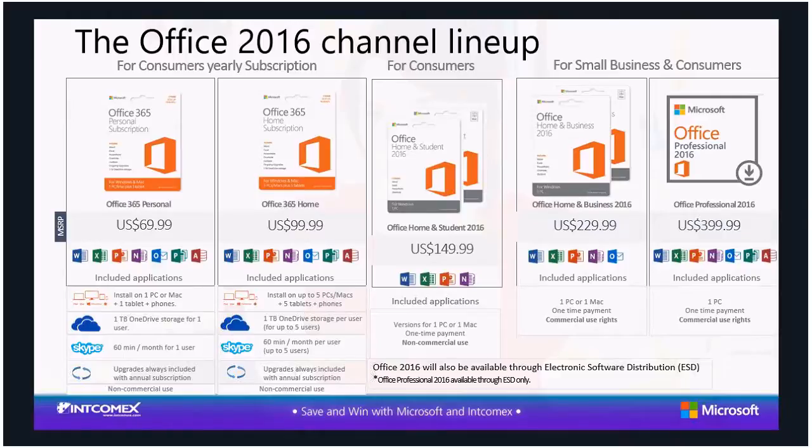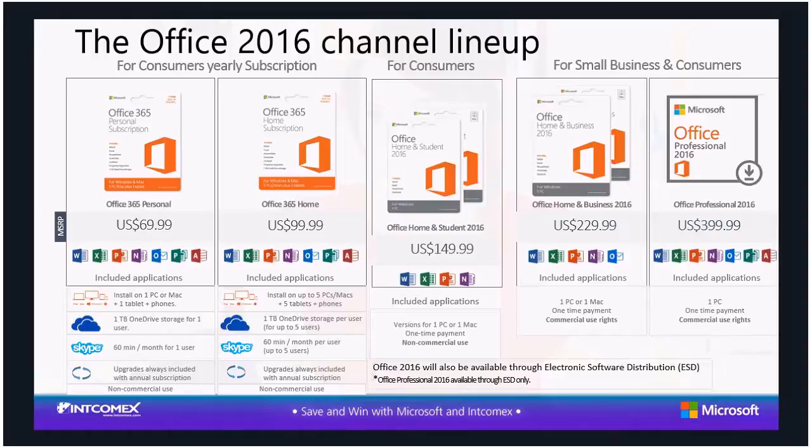The difference between Office 365 Personal and Home is the users. With Office 365 Home, this can install up to 5 users, right? So it's basically a subscription for the household. Let's say we have a household with mom, dad, and the 3 kids, and they all have devices.